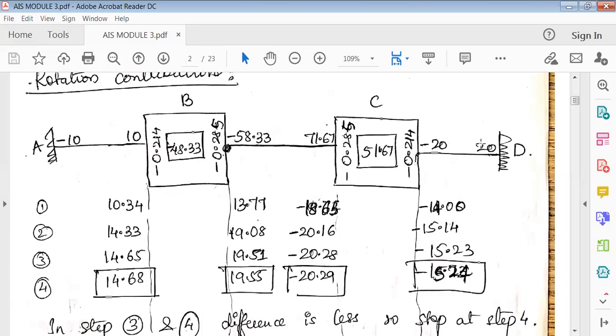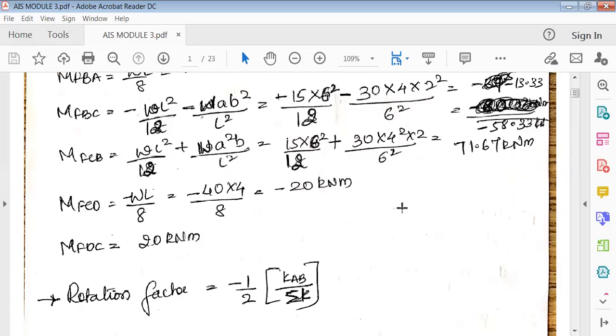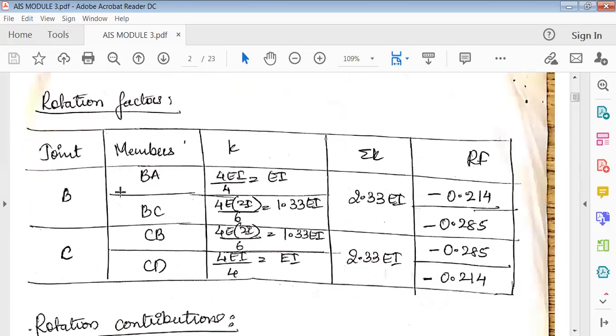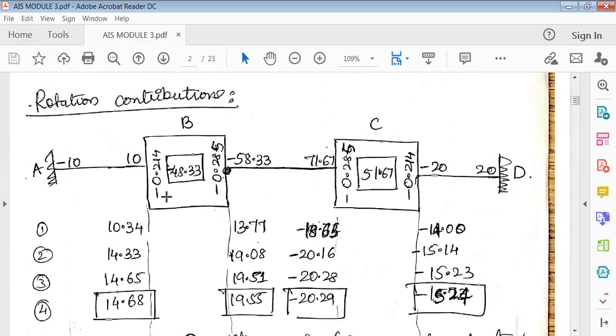outside the box. Now, what you write inside is, let's see here, BA. So BA is nothing but the rotation factor. Okay, so the rotation factor of BA is minus 0.214. You have to write it in BA.